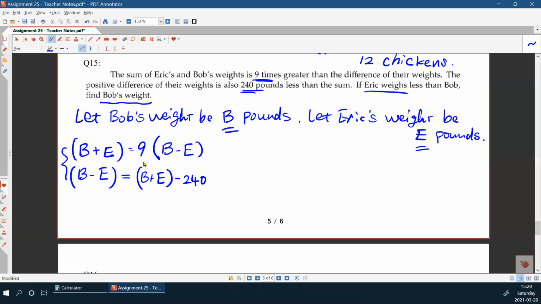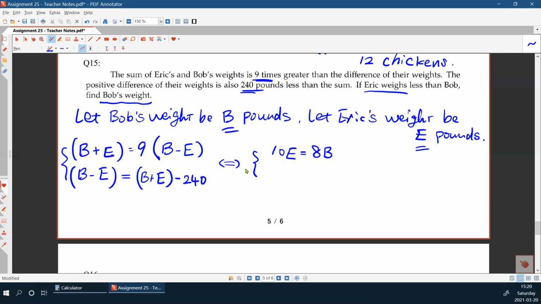We can now use the same method that we already know to solve these equations. First of all, let's simplify the first equation. From the first one, we know that 10E equals 8B, right? If we simplify that, we'll get 10E equals 8B.